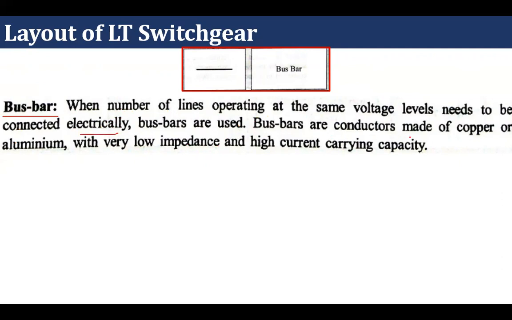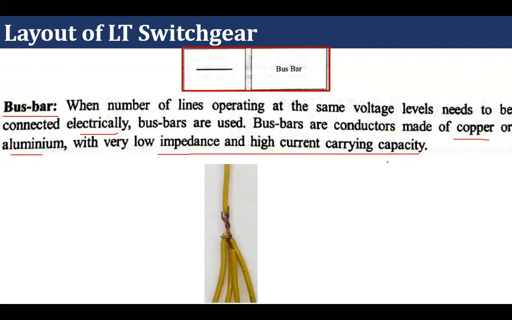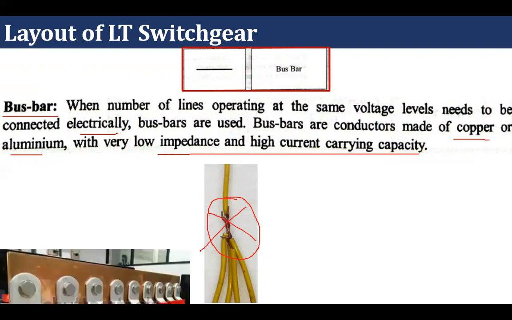Bus bars are conductors made of copper or aluminum with very low impedance and high current carrying capacity. If voltage level and current level is very low, at that time we can go for this kind of joint. But at high voltage level, high current carrying capability wires, these are not successful kind of joint. So we have to use bus bar.